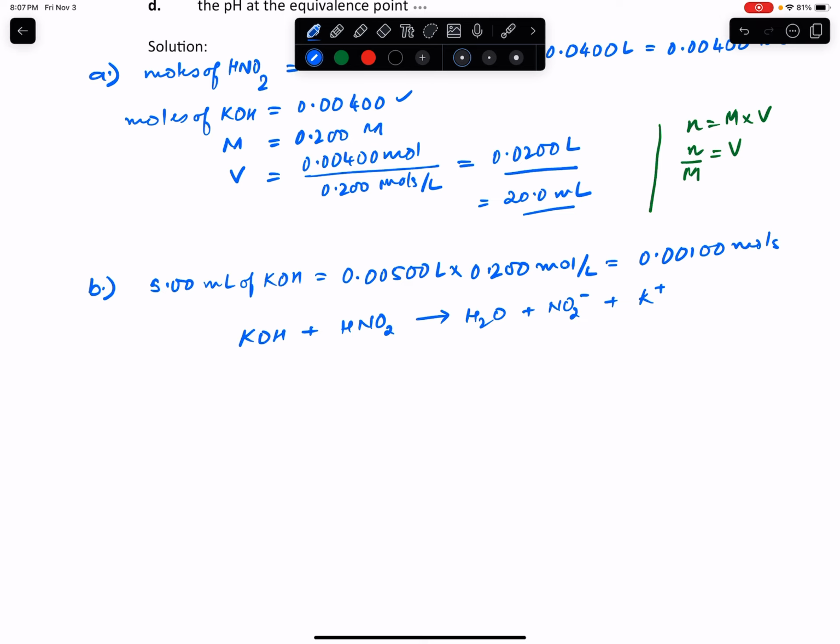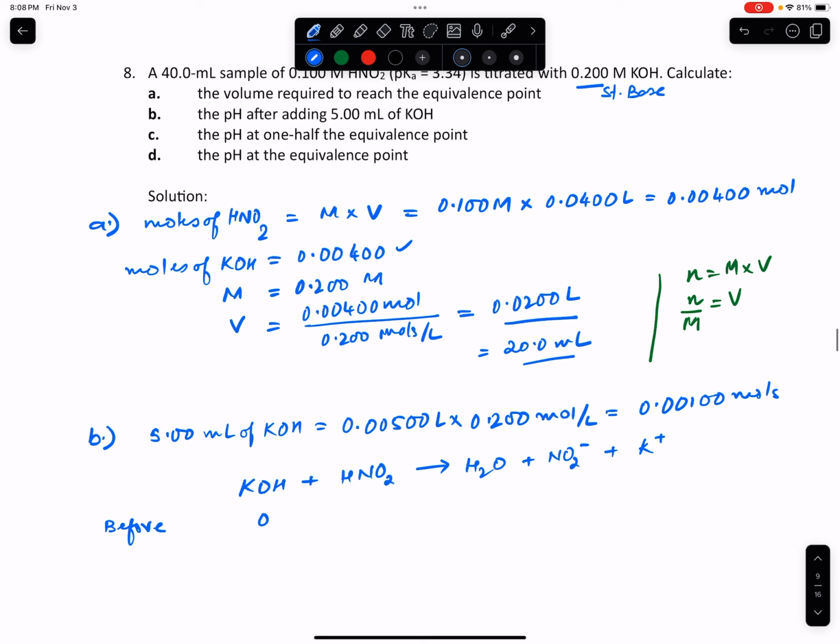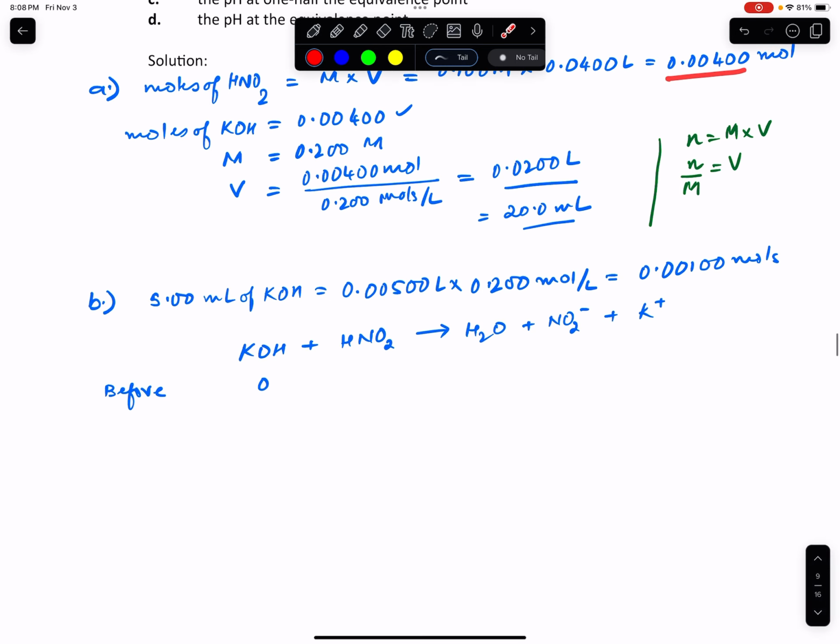We're going to figure out the stoichiometry before the addition: how much of each was there. Before the addition, there was obviously 0 KOH, but we had 0.00400 moles of HNO2, and we had 0 of everything else.